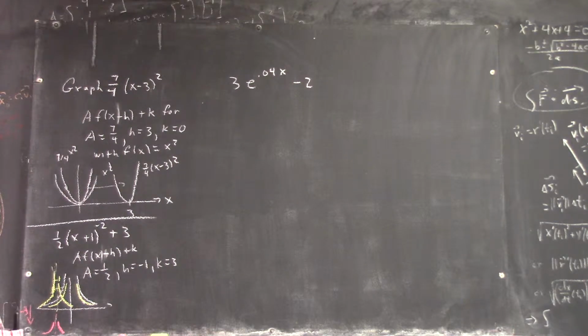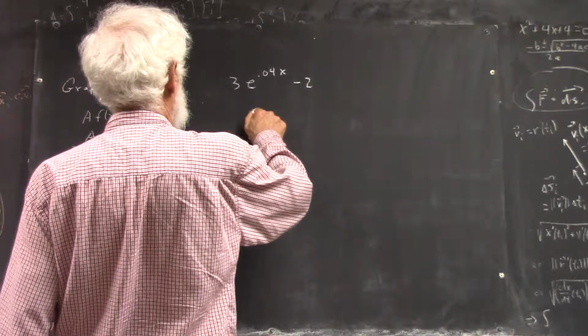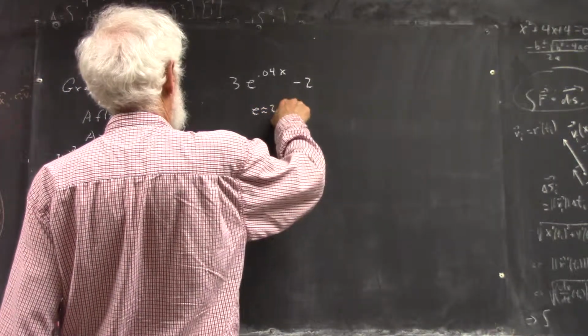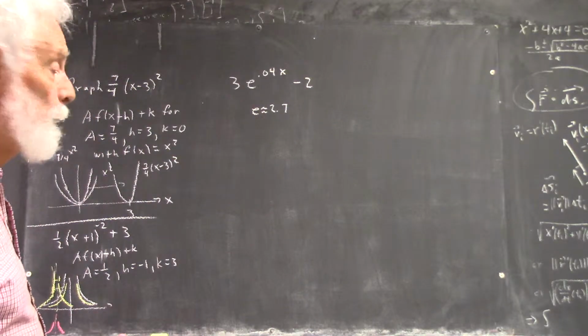Well, you got to know what e is. Okay, e's about 2.7.